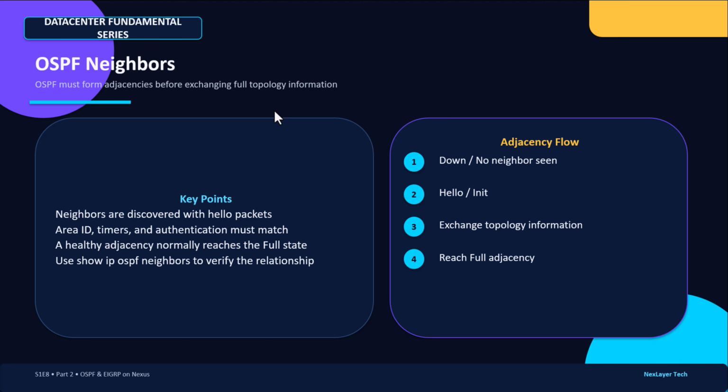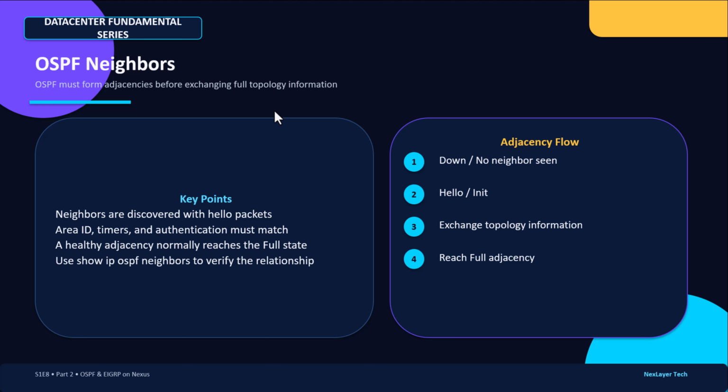We can check the OSPF neighbors using show ip ospf neighbors. When the adjacency is working correctly, the neighbor will normally appear in the full state. The full state means that the devices have successfully exchanged their topology information and synchronized their link state databases.